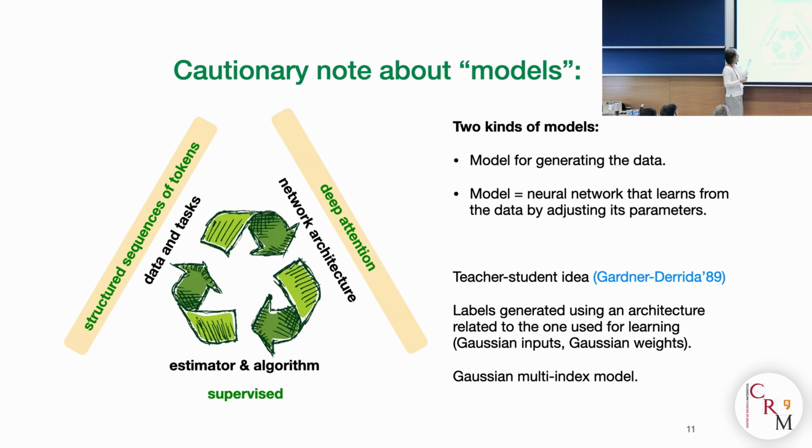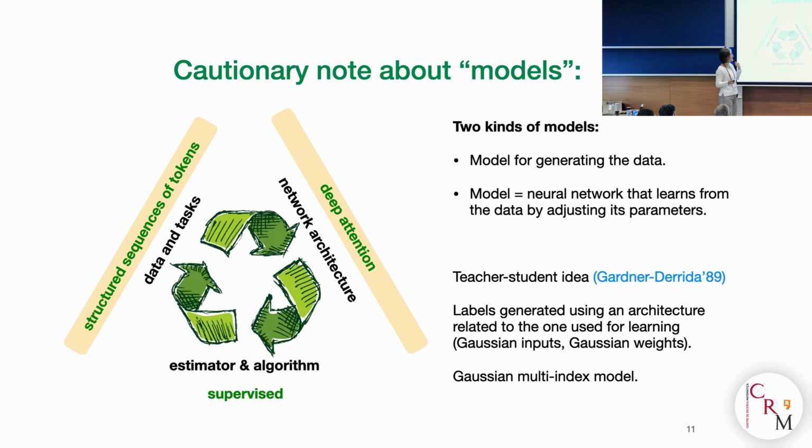Either it is the model for generating the data, the toy data on which I'm working, or the model is often just the ansatz that the neural network represents, a parameterized function where the parameters are being trained with the algorithm. So often just the neural network itself is called the model.